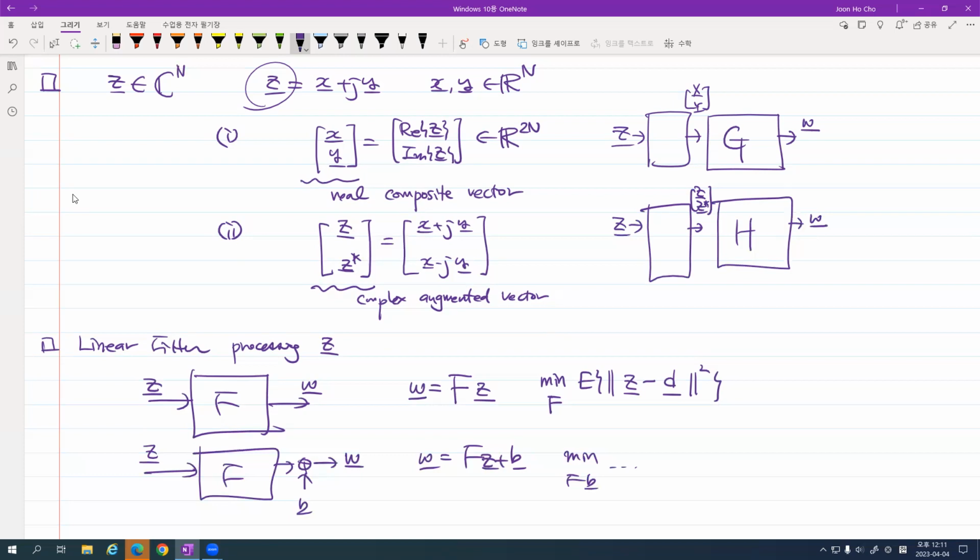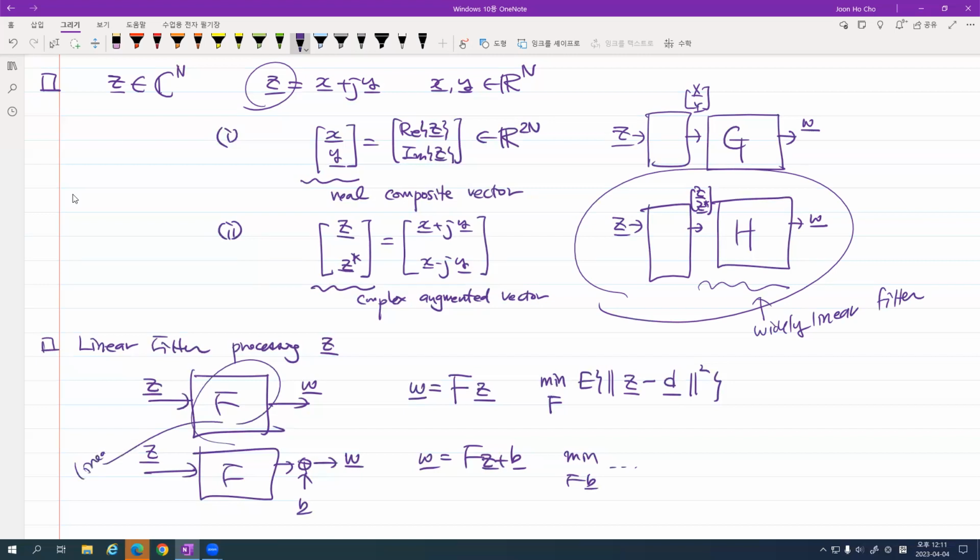Or you may work with the complex augmented vector. And if you love this one, this filter is called a widely linear filter. Got it? And this is called a linear filter.